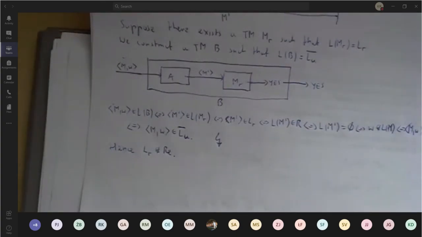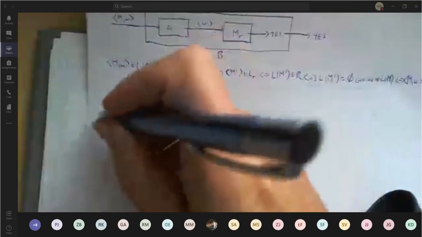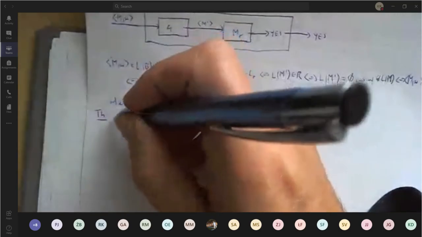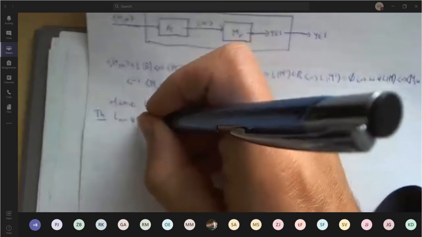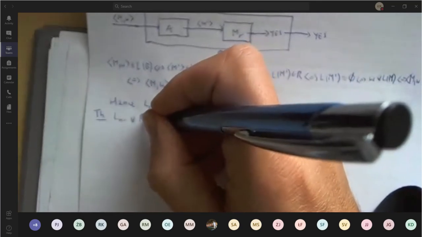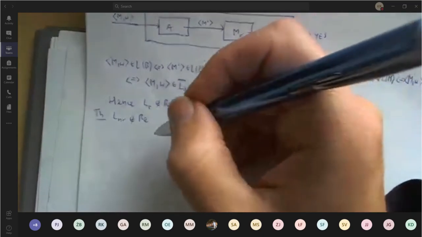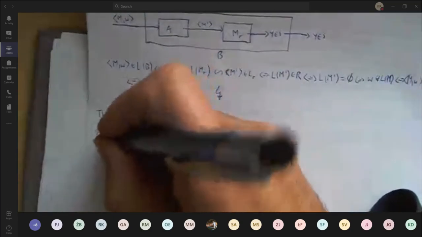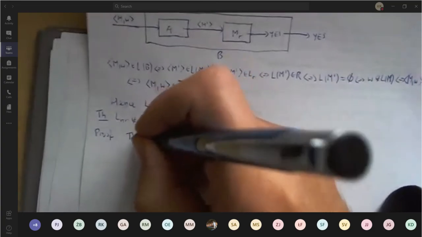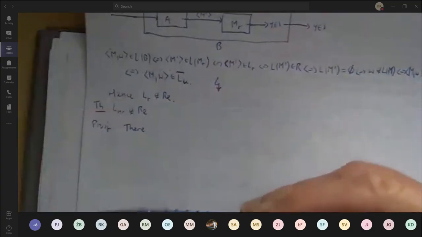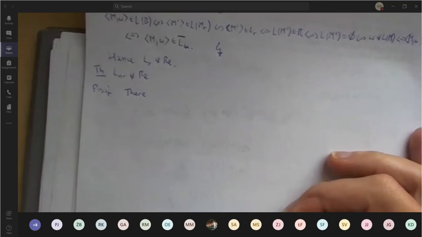Okay, and the last proof for today is the fact that its complement is also not recursively enumerable. Again, the proof will be similar.